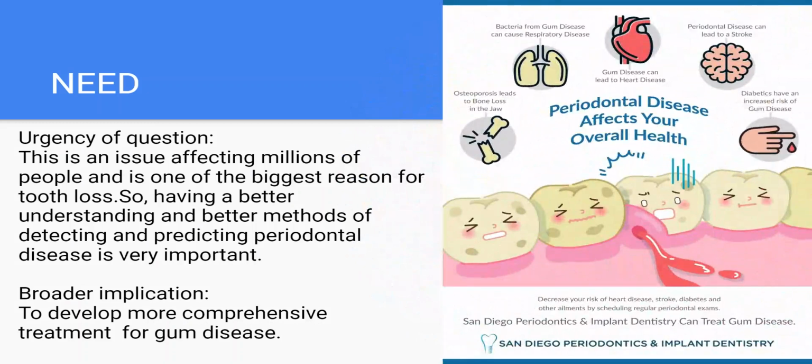So having a better understanding and better methods of detecting and predicting periodontal disease is very important, and that's why we have to discover why it's causing so much, and why it's getting more and more common among people, and we have to stop it and control it by some method. So the broader implication is to develop more comprehensive treatment for gum disease.